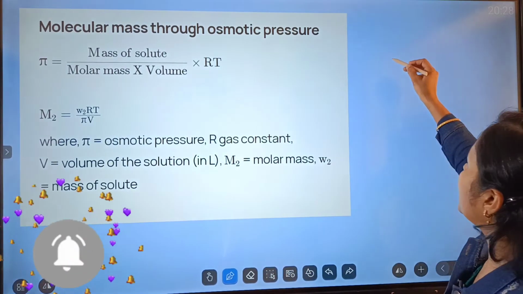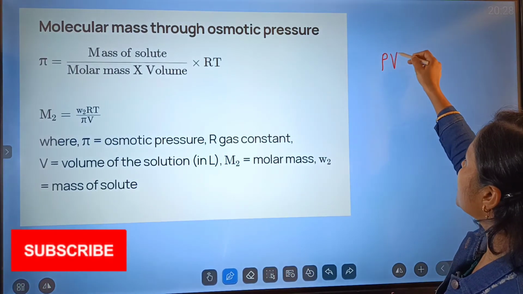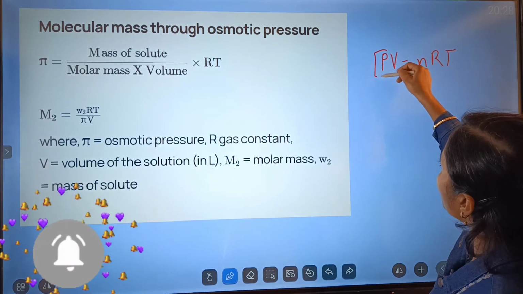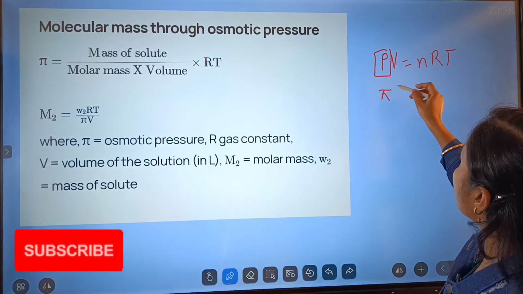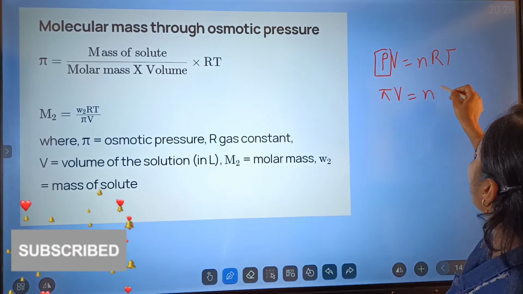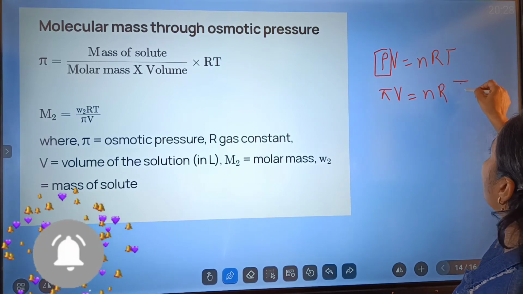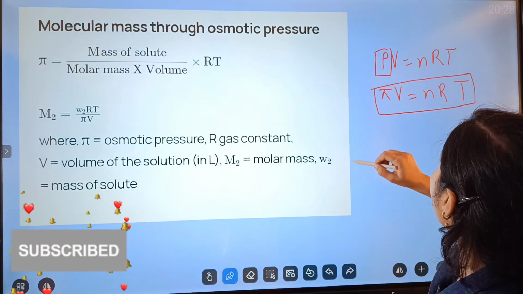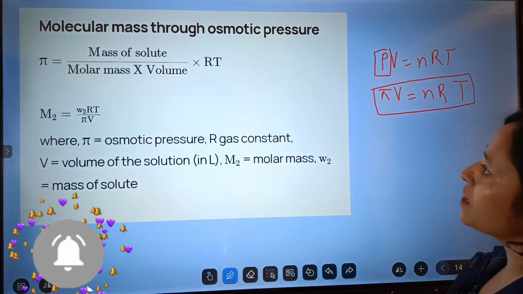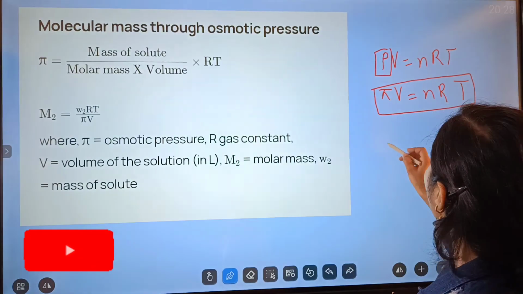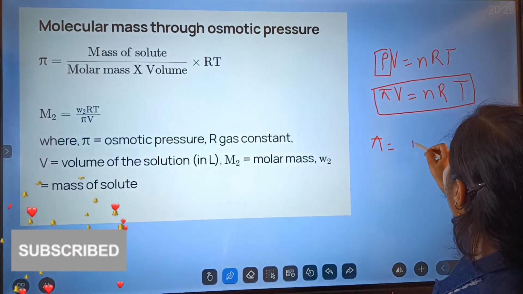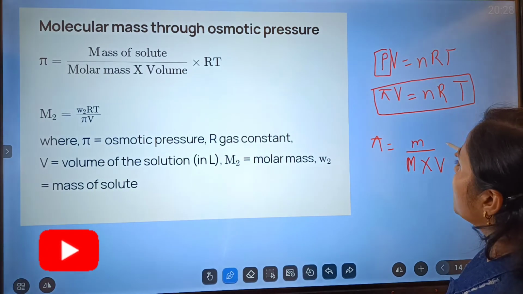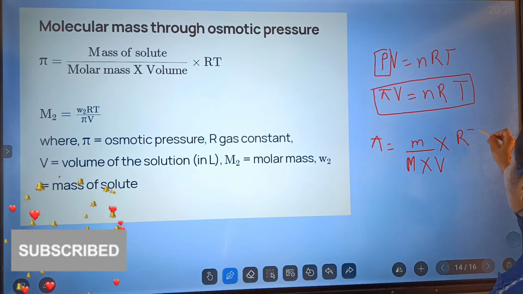You already know that in the ideal gas equation, PV is equal to nRT. What you have to do is just put pi instead of P, and you will get the equation to calculate the osmotic pressure. Now you know that pi is equal to mass of solute upon molecular mass into volume into RT.